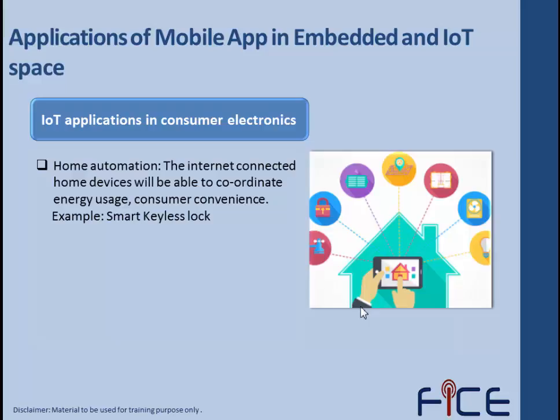And in home automation, each IoT enabled device in the home is connected to the home network and accessible directly over the home network and even remotely from across the world. If I take an example of a smart keyless lock, which is a device connected to the home network and which allows the homeowners to grant access remotely.